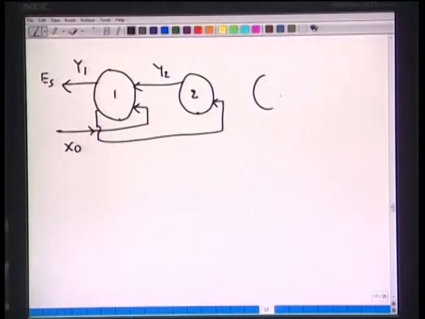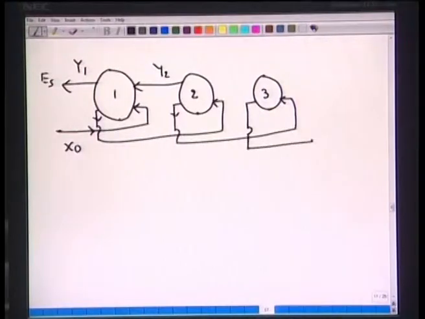This stream leaves like this with y2 composition. Let's draw the third stage. So this is the stream which leaves from here like this, again it will enter like this, and so forth. The stream which comes out on the top, that extract phase, has a composition y3, and so forth. We have this composition, say y NP plus 1, which we drew here, and this is the composition of x NP.